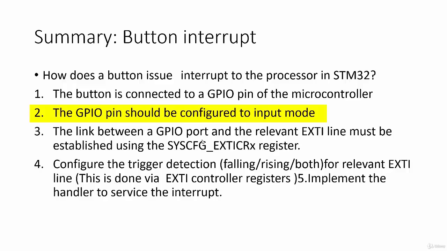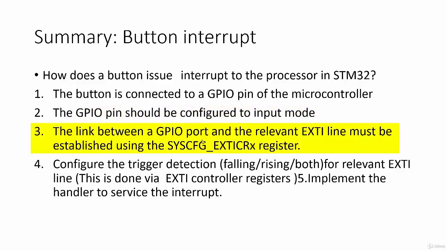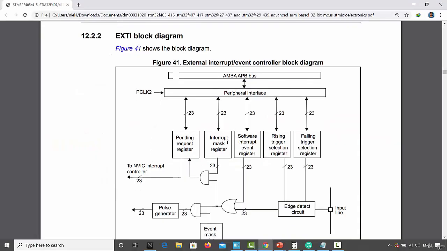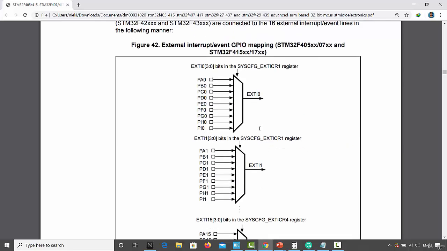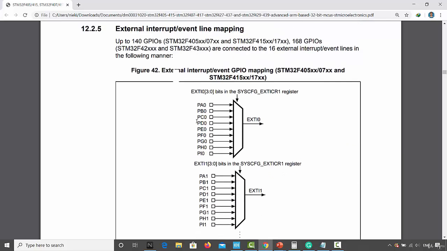The third point is that the link between a GPIO port and the relevant EXTI line must be established using the SYSCFG register. How to do this you will learn later, but for the time being, just note that there are different EXTI lines. If you have connected your button at PD0, then you should establish that link so that PD0 comes over the EXTI 0 line. That selection you can do using the SYSCFG register.